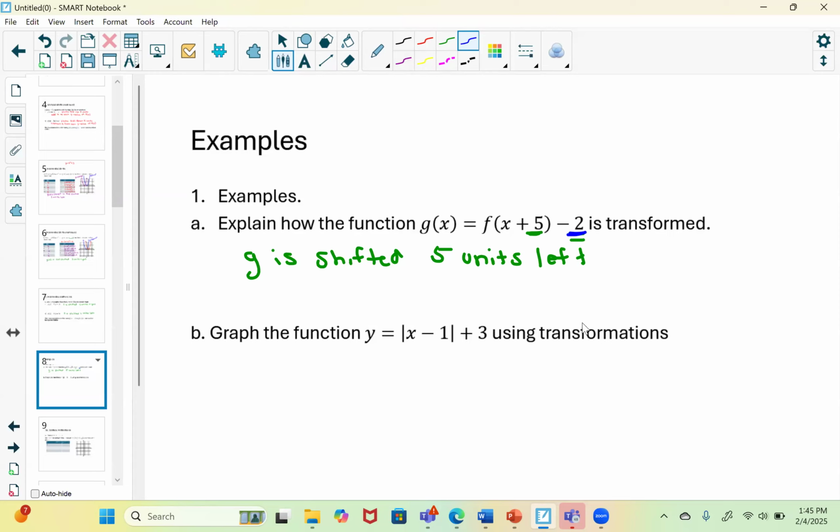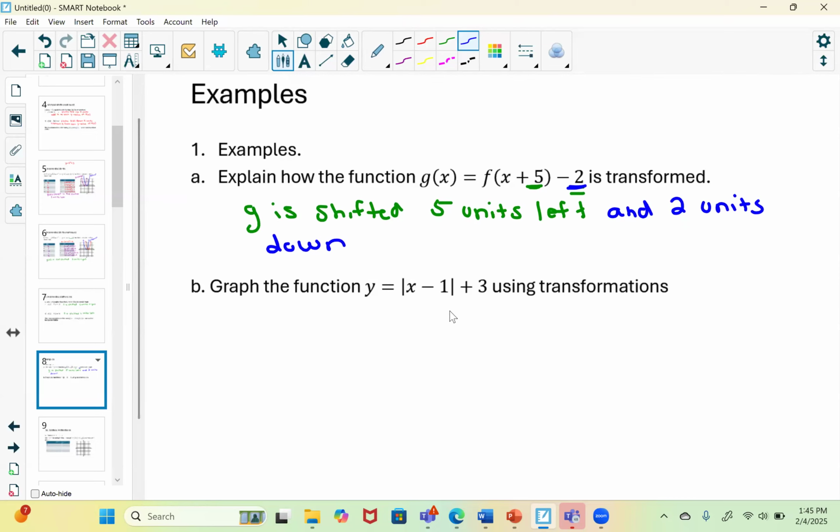That's vertical. And it follows what we think. If it's plus, it's up. If it's minus, it's down. So g is going to be shifted 5 units left and 2 units down. So if you have to explain the transformation, you're going to say how it's shifted. And again, outside shifts the y values up and down. Inside shifts the x values left and right.